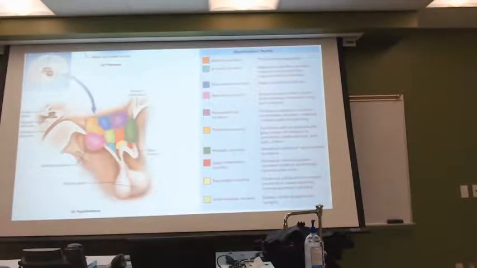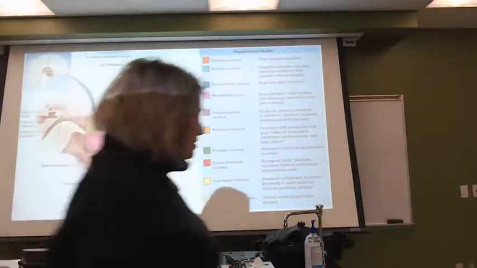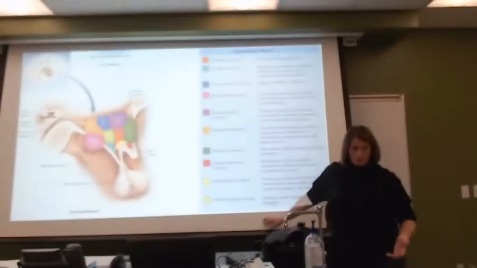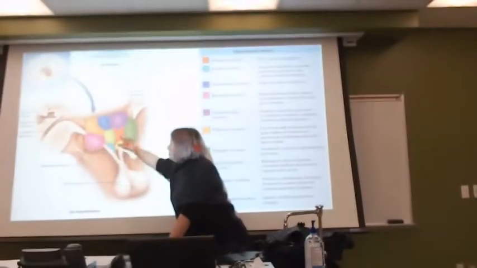This is the hypothalamus, and we're trying to represent our nuclei that are there. We've put the nuclei into these groups, and they're represented with their matching colors.